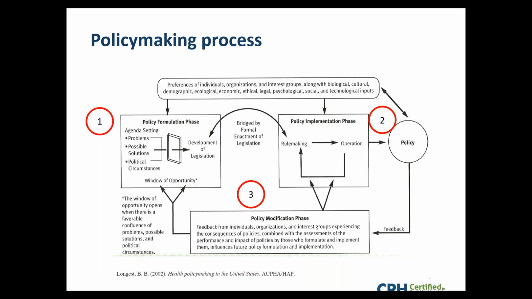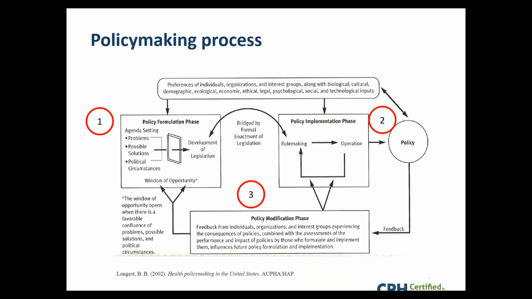What happens with the policy making process, as an overview, is you have all these external factors going on, such as preferences of individuals and organizations and interest groups, and demographic change or ecological changes or economic issues. All these outside influences impact how we view the problems and the solutions and how we might implement certain health policies.